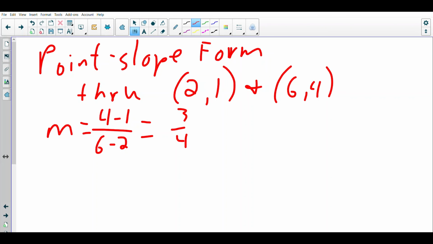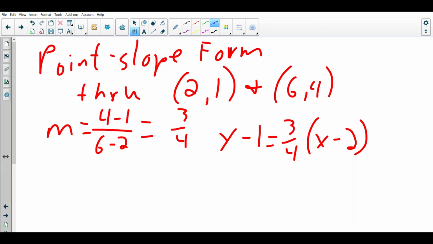Now, what's great about point-slope form, if you're given 2 points, it does not matter which one you choose. So you have 2 choices. You can go y minus 1 is equal to 3/4 times x minus 2, which is the first one. So this one corresponds to there.